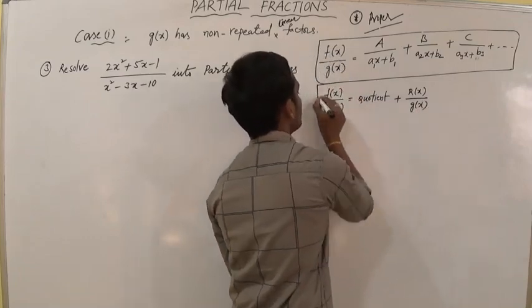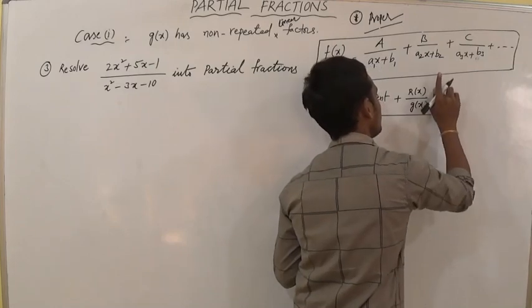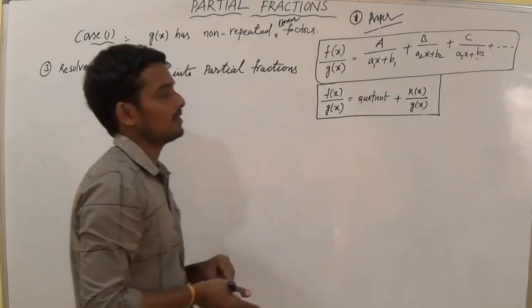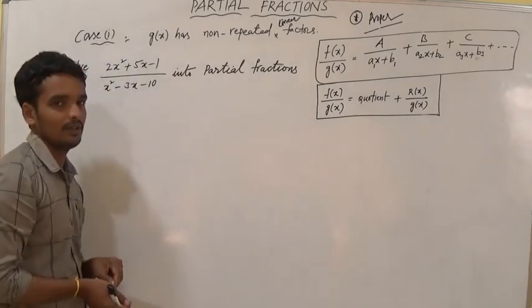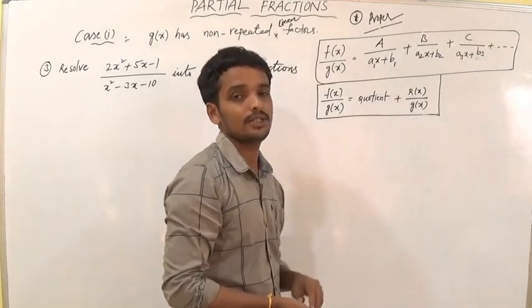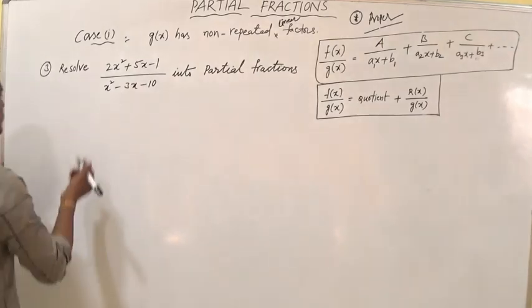Already we have discussed this topic and this method in the previous class. We will get some quotient plus remainder by g of x. The same way. So they are giving the solution.